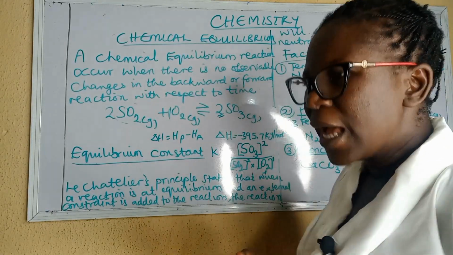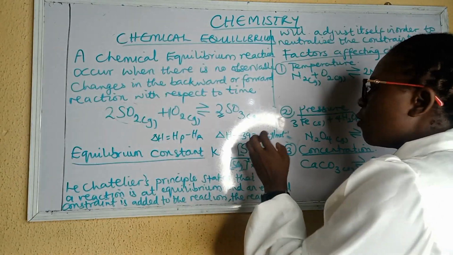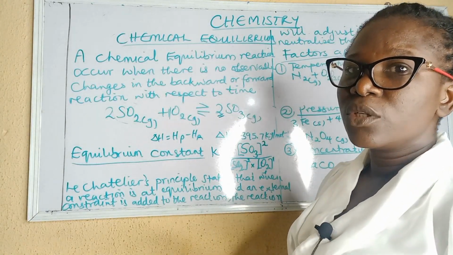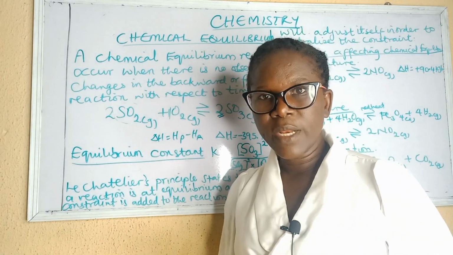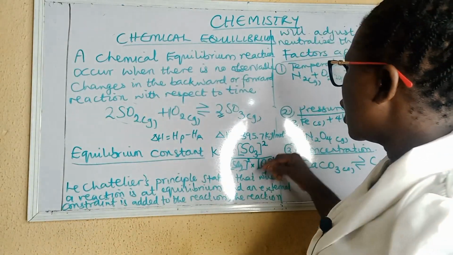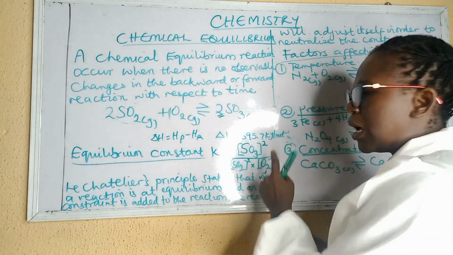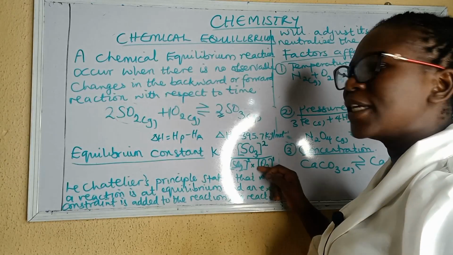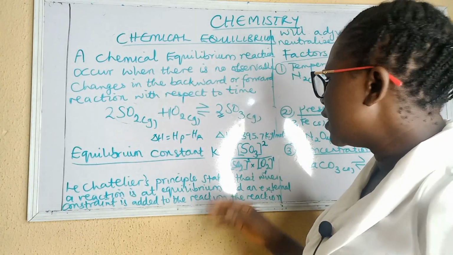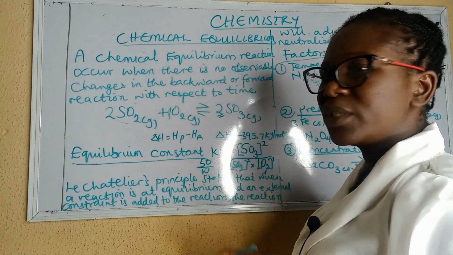Now, assuming the equilibrium constant in a reaction is positive or greater than 1, it means that more products are produced. Why? Because if you have a greater yield of product on top, and a lower yield of reactants down, let's assume the product is 50 and the reactant is 10, you get a large value.